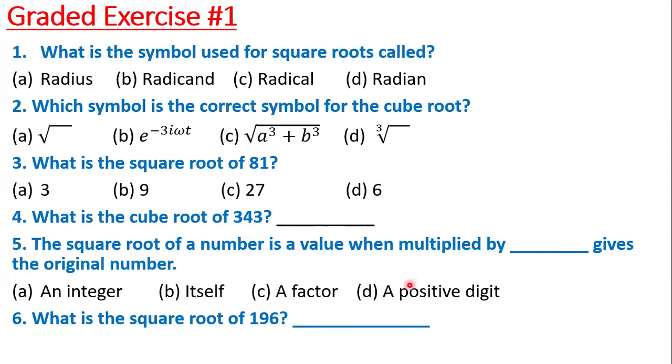Number 5, the square root of a number is a value when multiplied by blank gives the original number. An integer, itself, a factor, a positive digit. And finally, what is the square root of 196? I need you to answer these inside the chat for me, please.